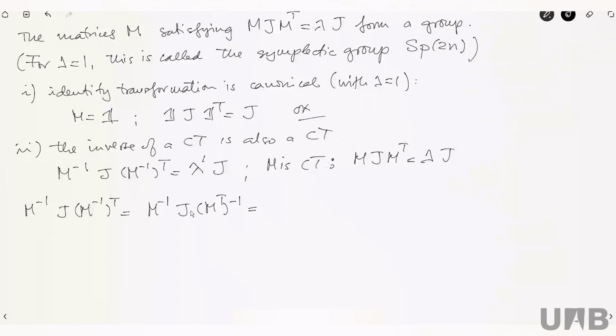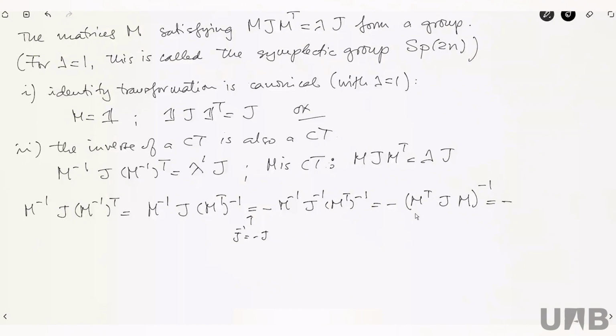Remember that J minus 1 is minus J, which is one of the properties of this matrix. So this is minus M minus 1, J minus 1, M transpose minus 1. And now this is minus M transpose J M, right? M transpose M J, like this, whole thing minus 1.